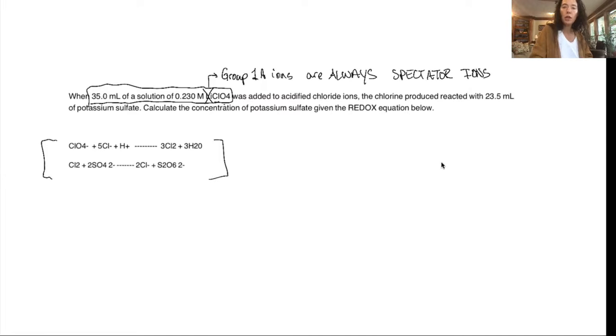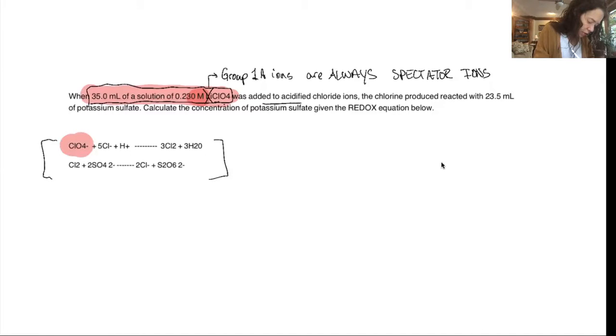Students go, well, I don't see it. That's because it's the net ionic equation. All equations from now on are pretty much, if they're AP, going to be net ionic equations. So you need to realize that this right here is referring to this right here. Okay. And let's continue reading.